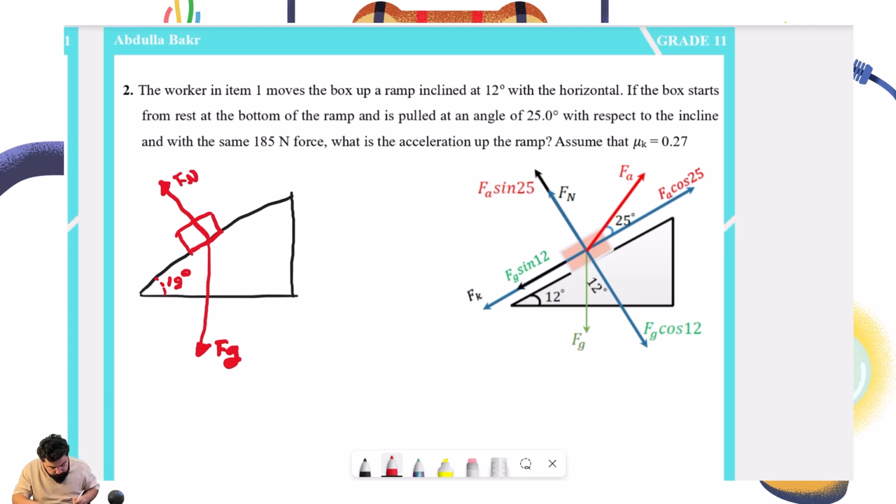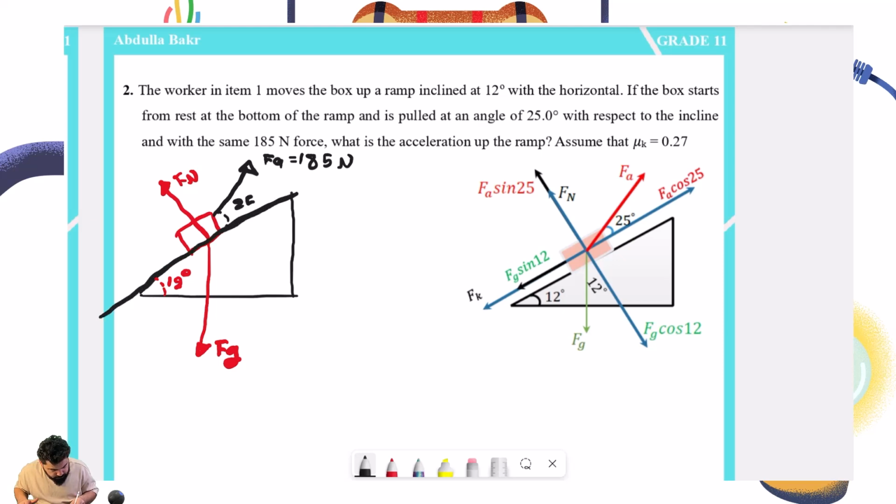Now, if the box starts from rest at the bottom of the ramp and is pulled at an angle of 25, this is the force applied, Fa, which is equal to 185 Newton, and it's making an angle of 25 with the horizontal, with the x-axis.